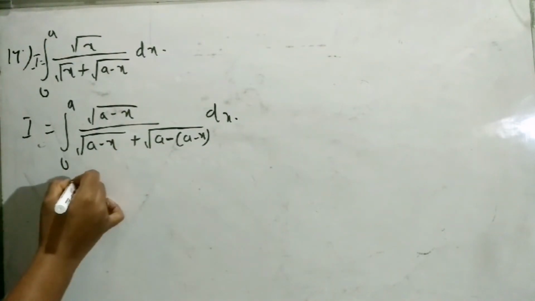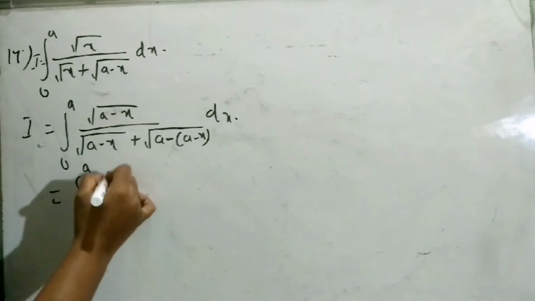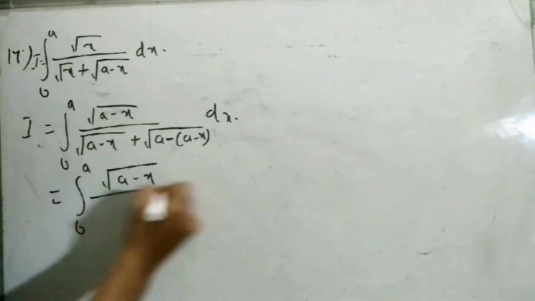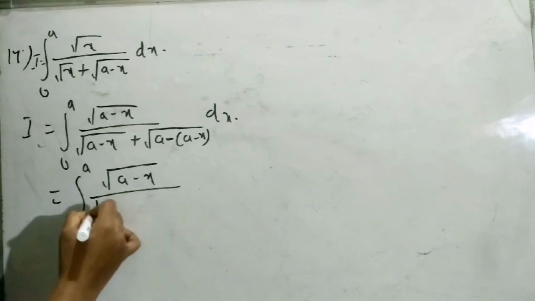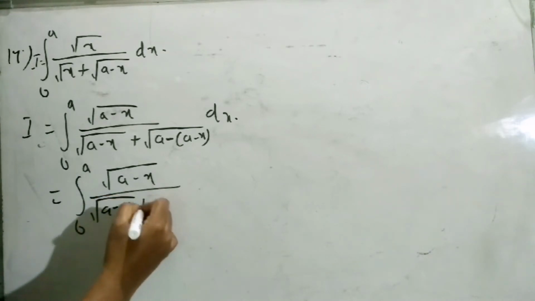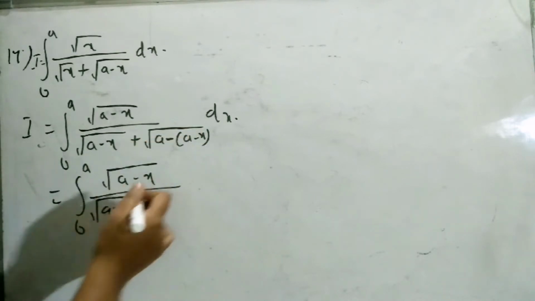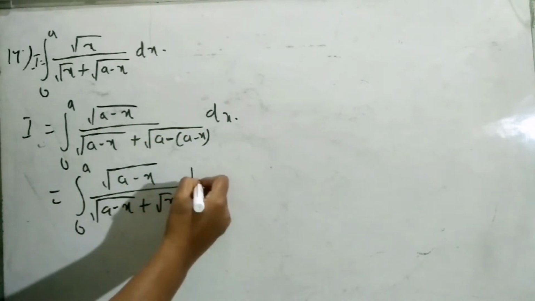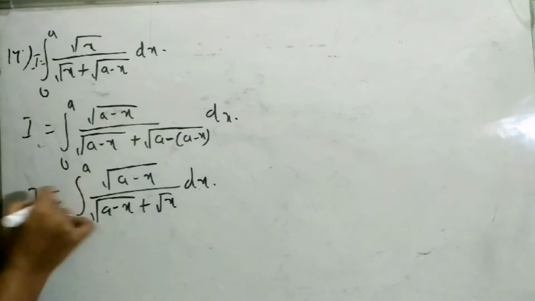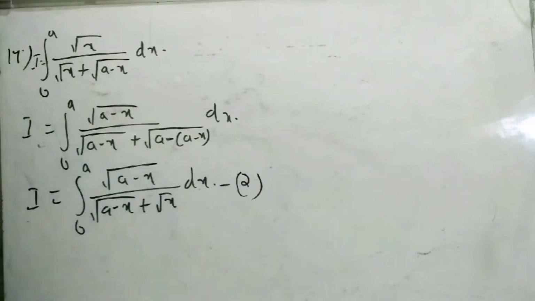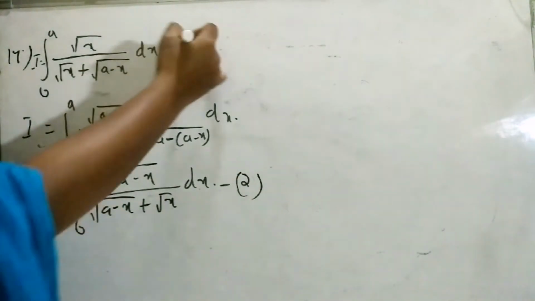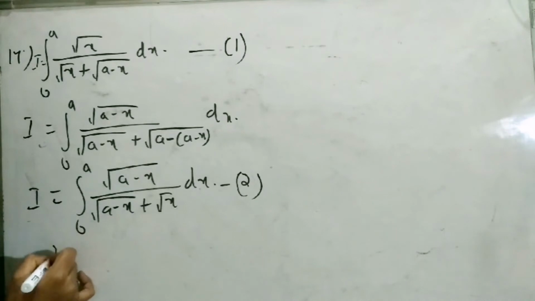And this we will get as integral 0 to a root of a minus x divided by root of a minus x plus, if you open this bracket, a minus a becomes 0, minus minus becomes plus, root x dx. Put it as equation number 2, and this is equation number 1. Just add equation number 1 and 2.